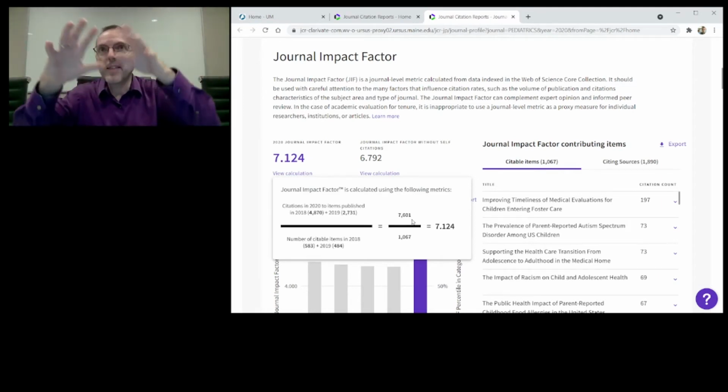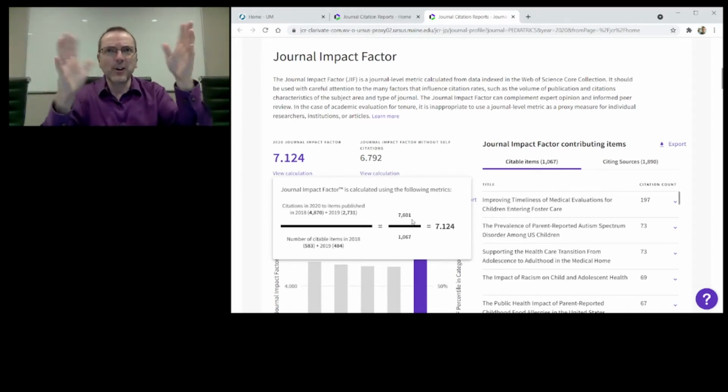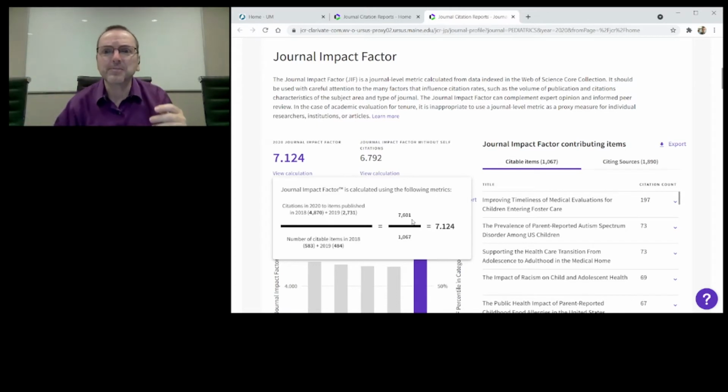And then we divide that total number of citations by how many articles there actually were that could have been cited. So it kind of gives us an average number of citations for those articles. We look at how many citable items there were in Pediatrics in 2018.